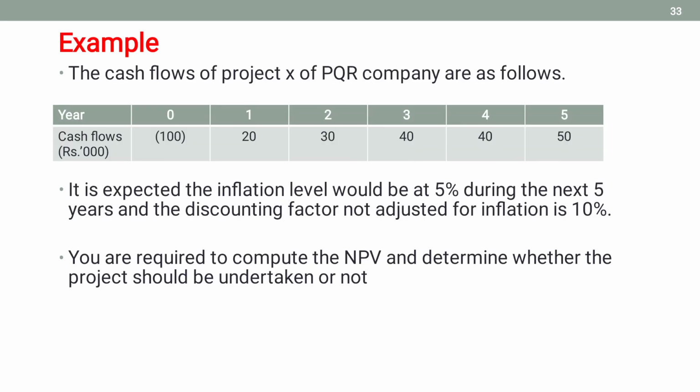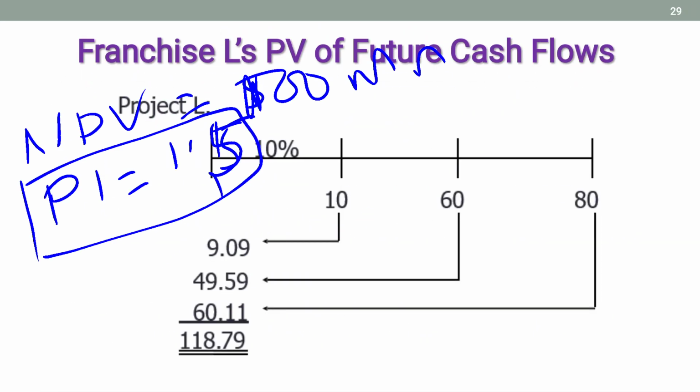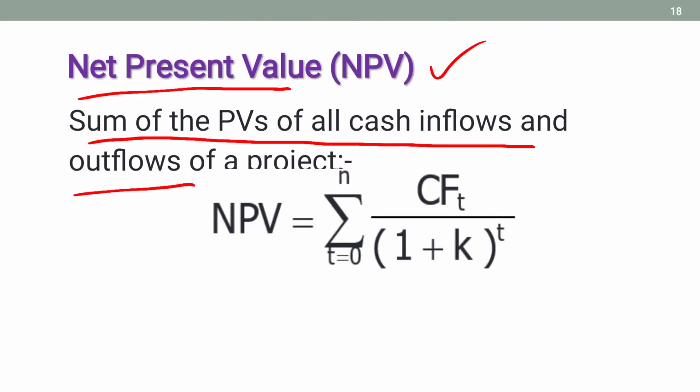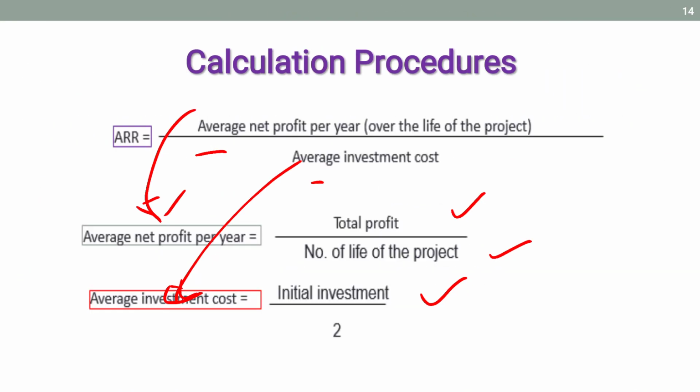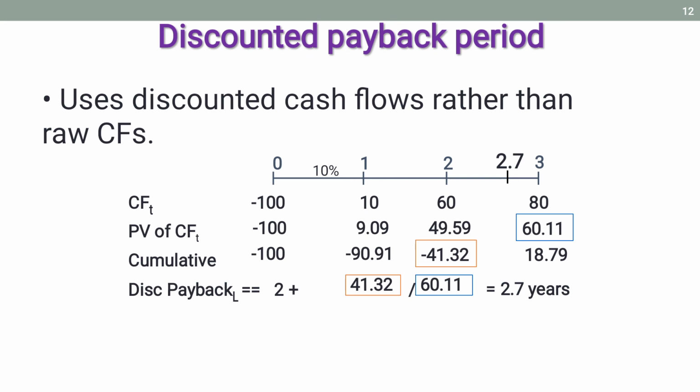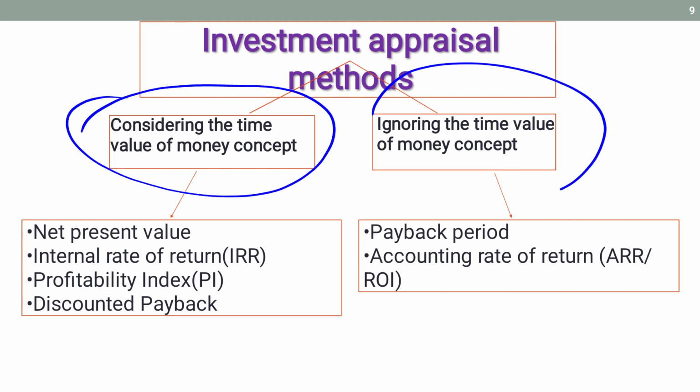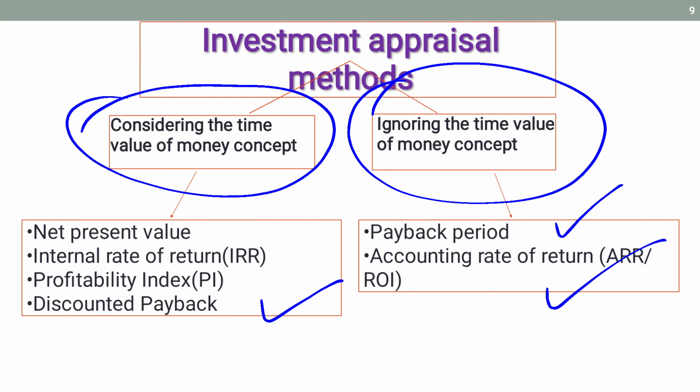Before I wind up this clip, I will summarize, right? We discussed the project appraisal at the beginning, right? We discussed what is capital budgeting, capital budget, and capital budgeting technique, right? Then we moved on to the techniques, appraisal methods, which consider the time value of money and which ignore the time value of money. We discussed payback period, accounting rate of return, discounted payback method, right?